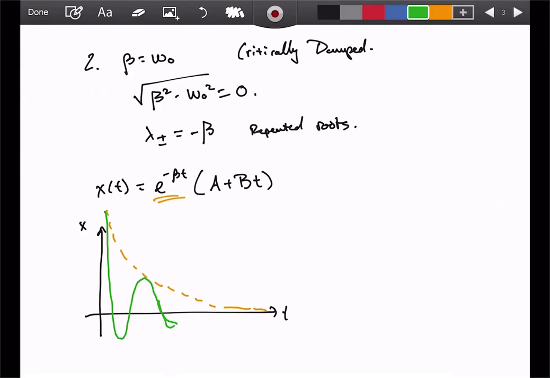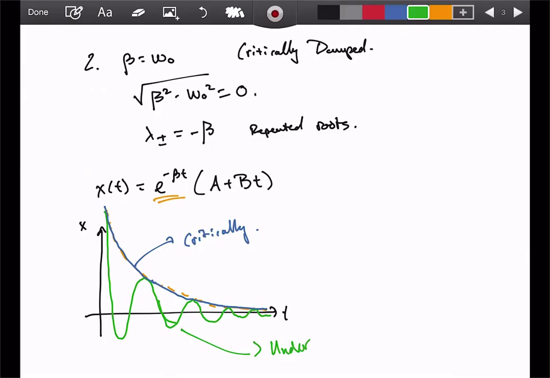For my underdamped situation, I have the same exponential decrease as for my critically damped scenario. The blue here is for my critically damped, and the green here is for the underdamped situation.